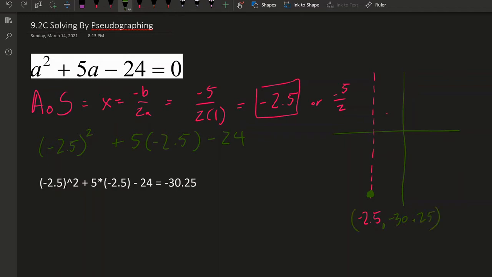Now, this is not a nice square number like the ones that we've been dealing with, but I can still move forward with my pseudographing because I know that this is going to go up something like this, and there are these two solutions that I'm looking for. And in order to get there, I need to go up 30.25. So now the big question is, how much do I need to go to the left and to the right in order to go up 30.25?